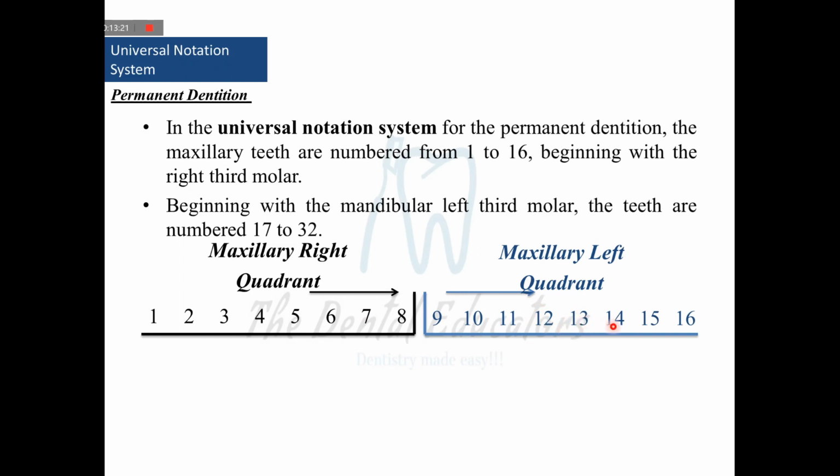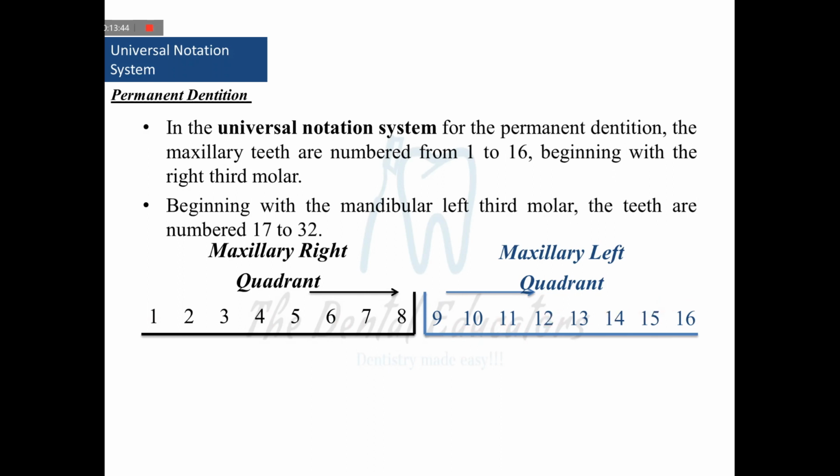The first molar as 14. The second permanent molar as 15. And last, the third molar, you can say, as 16. So we counted all of the teeth in the permanent dentition in the maxillary arch from 1 to 16, because in the maxillary arch you have 16 teeth.